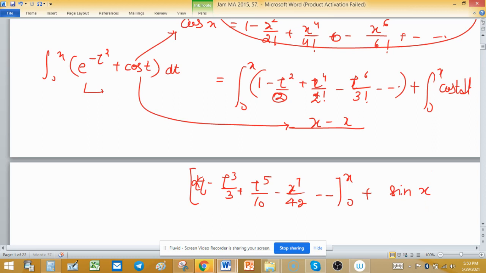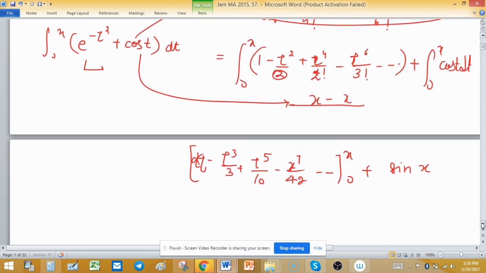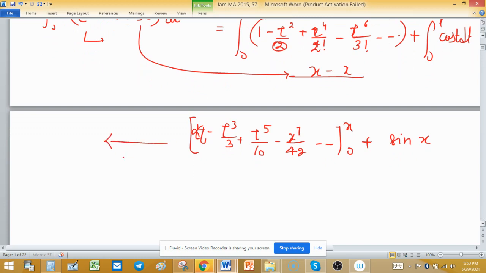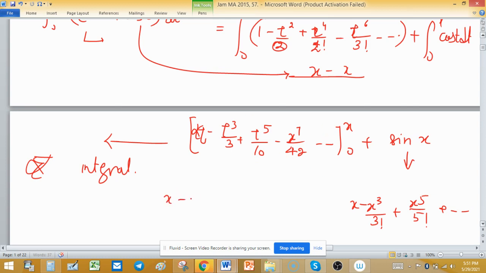We have to write this in power series expansion, in integral powers of x, so we need the expansion of sine: x minus x cube upon factorial 3 plus x raised to the power 5 upon factorial 5, and so on. After replacing t by x, the other part is x minus x cube upon 3 plus x raised to the power 5 upon 10, and so on.